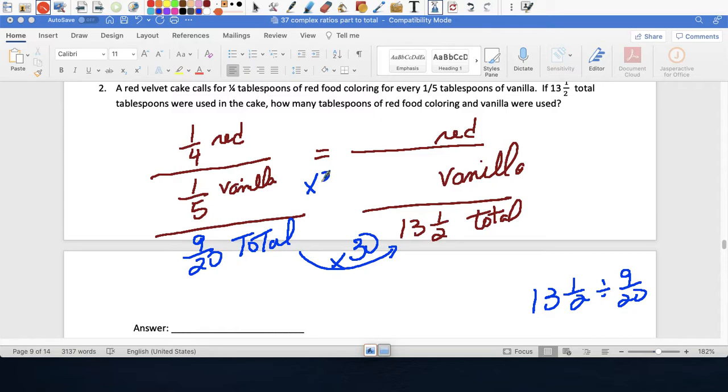I multiply this times 30 and get 6. Multiply this times 30, and I get 7.5. So if I get 7.5 plus 6, I get 13.5. So we are good.